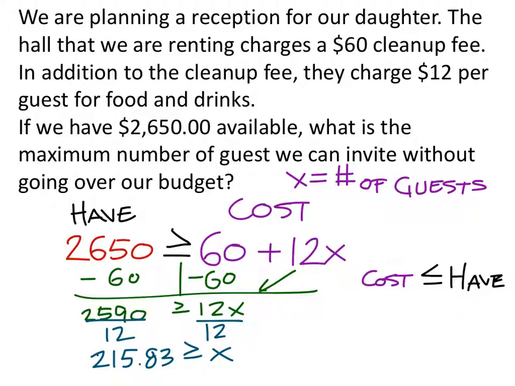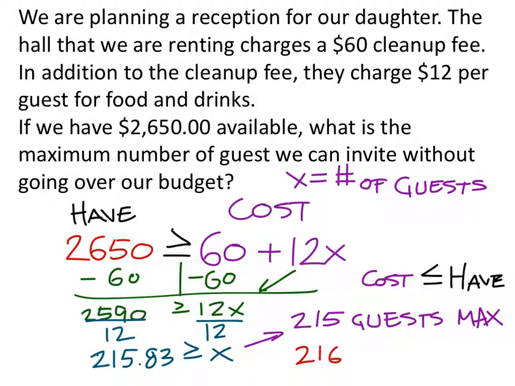Okay, so there's two ways we can go about this. One of them is to interpret this as the most. We can put in 215 guests max, but this could also be interpreted the same way if we were to put 216 is greater than x, because now your x, the number of guests, can't be 216, and the next value would be 215.